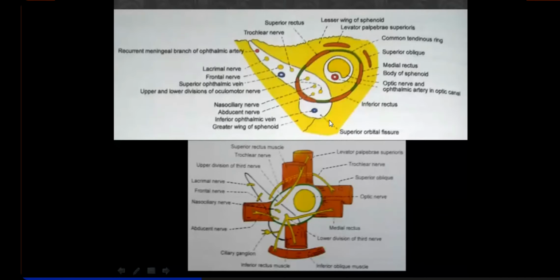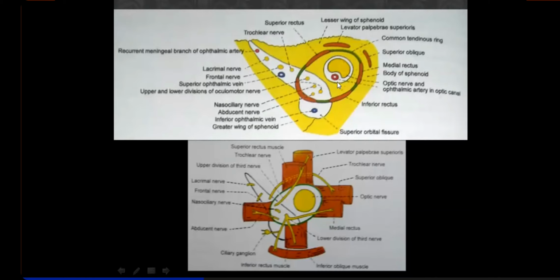Then here you're seeing the apex of the orbit from the anterior view, where you find the roof, the lateral wall, the floor, and the medial wall. The fissure formed between the roof and the lateral wall, as well as the floor and lateral wall, this comma-shaped fissure, is called the superior orbital fissure.